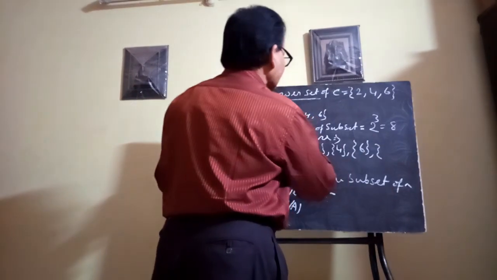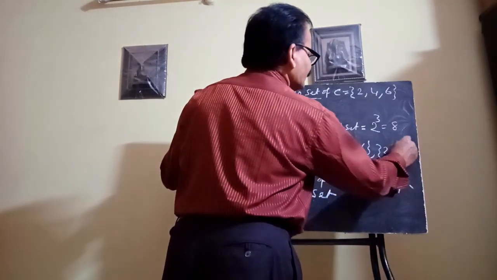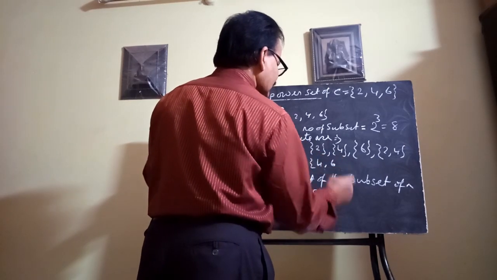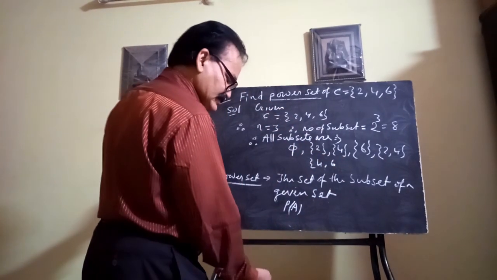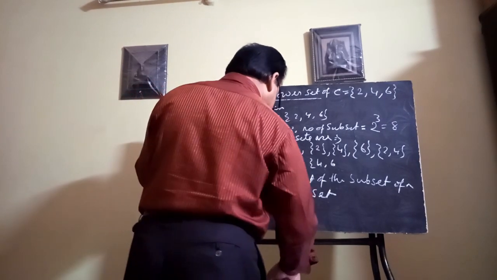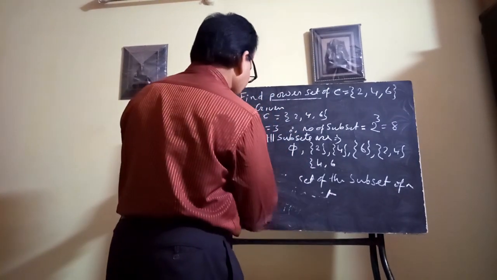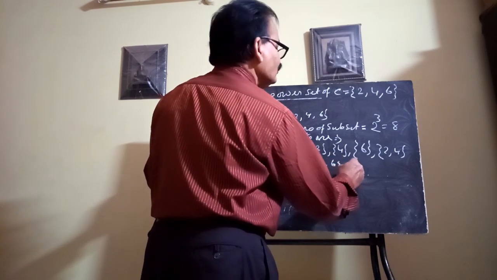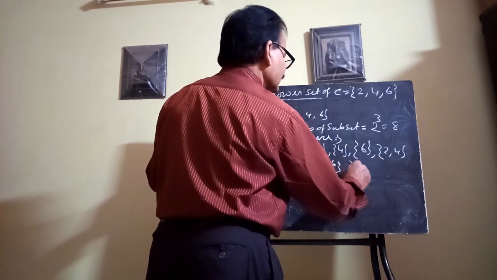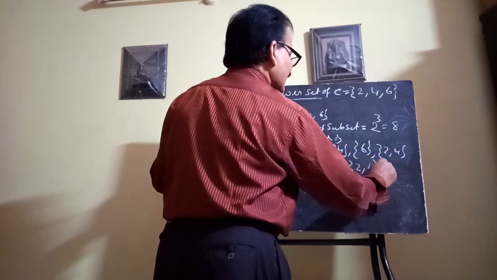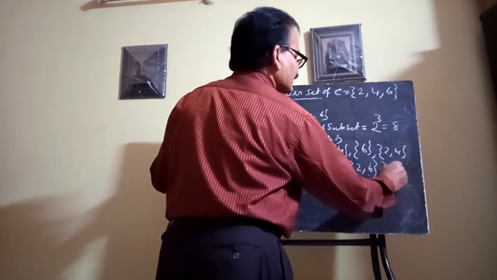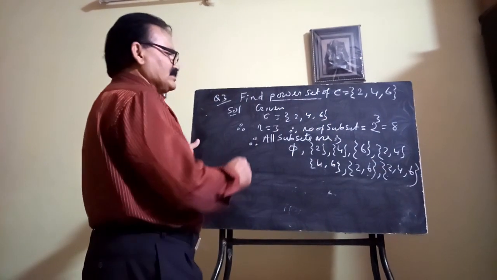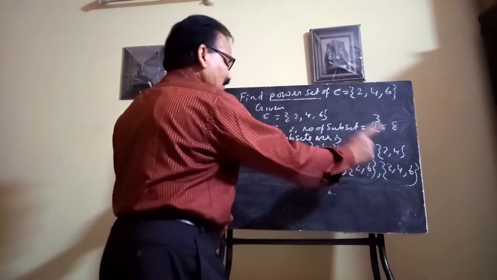Again I take two elements together: 2, 4, then 4, 6, and 2, 6. And then the set itself, that is {2, 4, 6}, is also a subset of the given set. So these are the subsets.